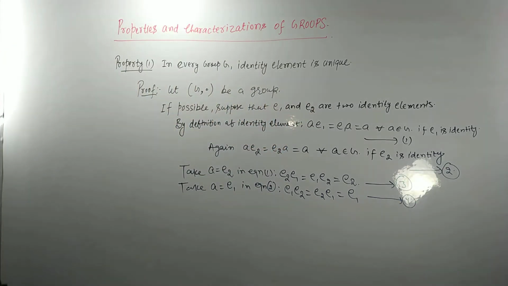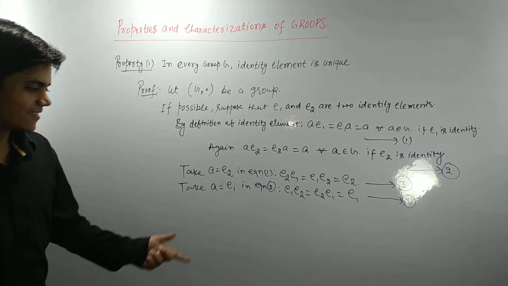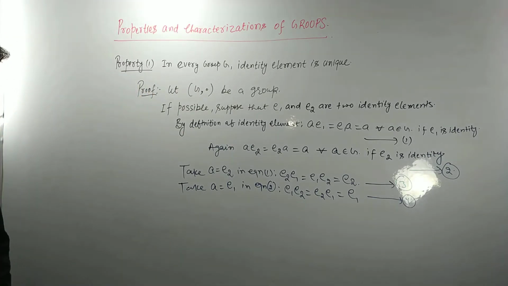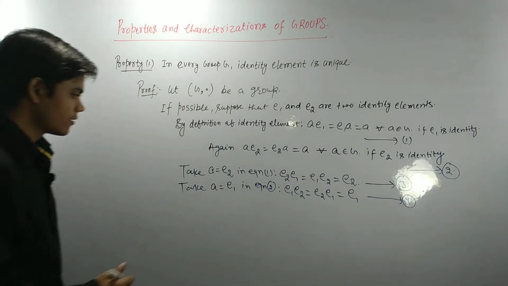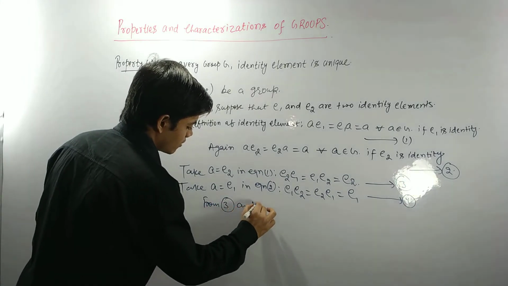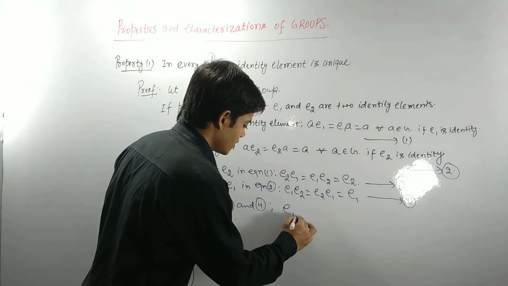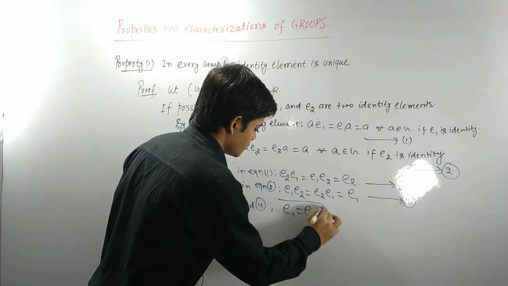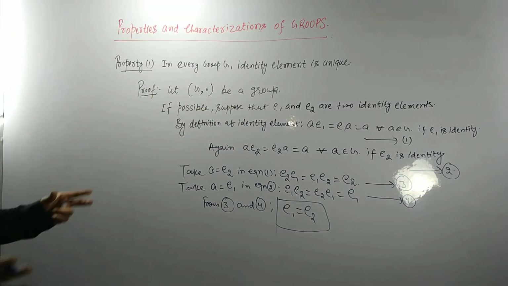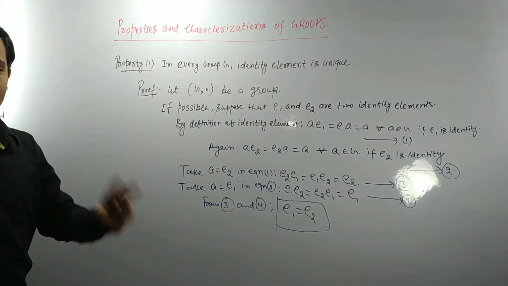So now, what can you conclude from 3 and 4? There is a crystal clear conclusion here. From 3 and 4, it is quite clear that E1 is equal to E2. So we supposed that E1 and E2 were two different identity elements.